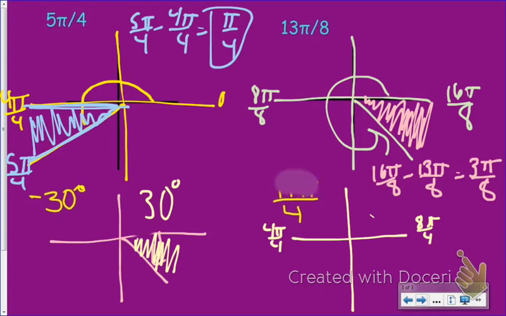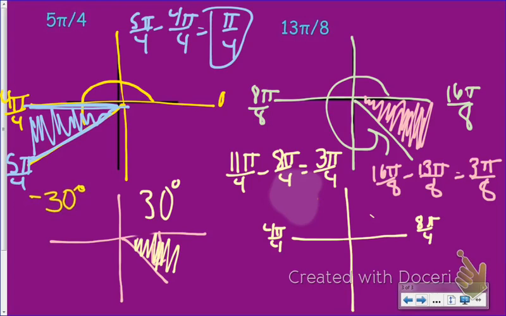So I need to take 11 pi over 4, and I need to find a coterminal angle that falls within 0 and 2 pi. And I am doing that by subtracting 2 pi with that common denominator. So I'm actually graphing 3 pi over 4.